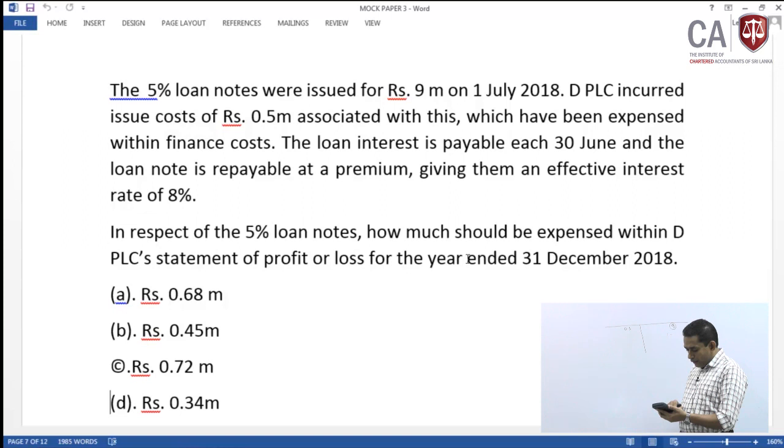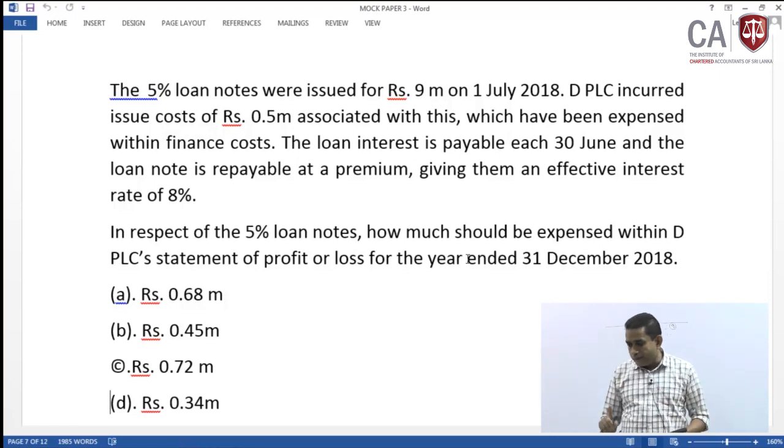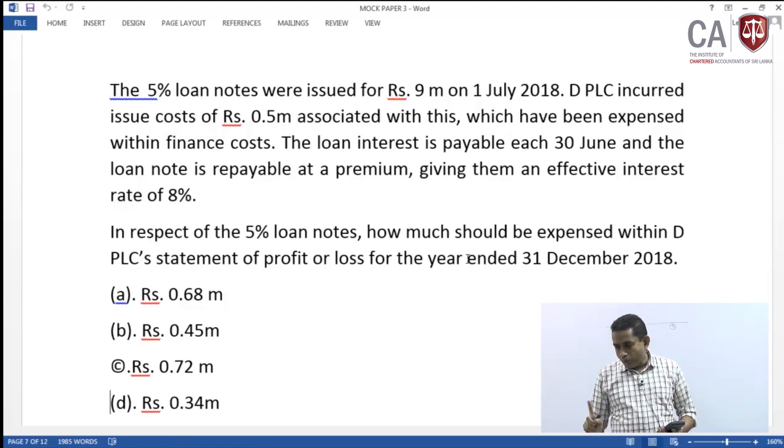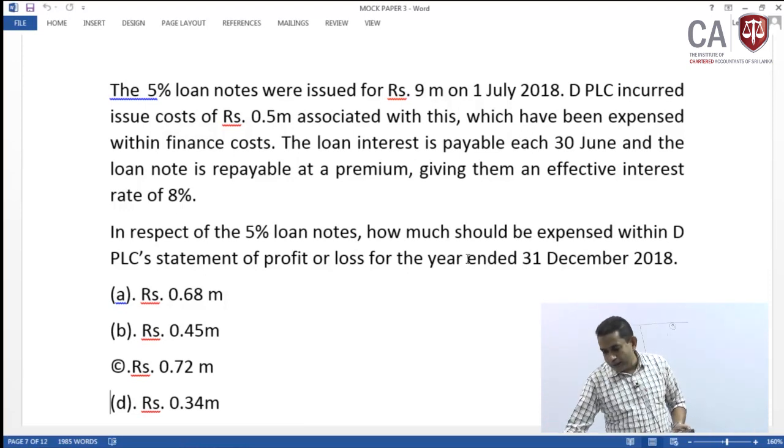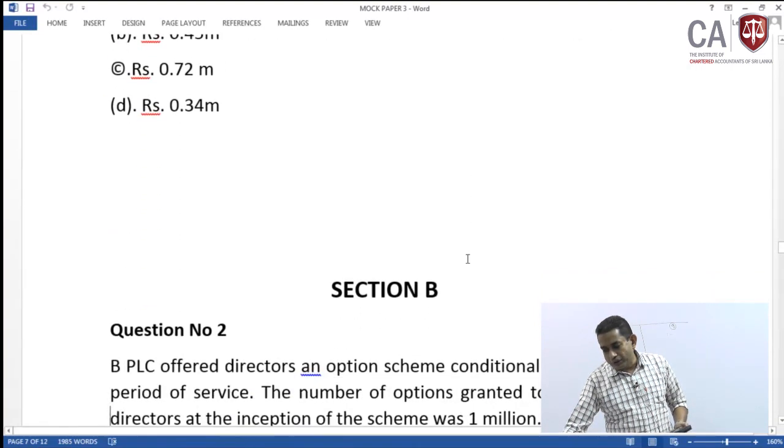So now 8.5 million into 8%. But for how many months? We have done the issue on 1st July, and the year end is 31 December. You should recognize interest only for 6 months, which should be 0.34 million. So the answer has to be D. D is the answer. 0.34 million should be the amount of interest to be charged.